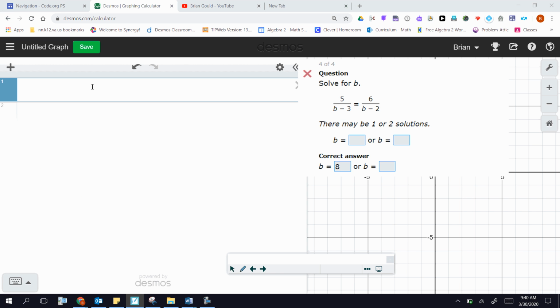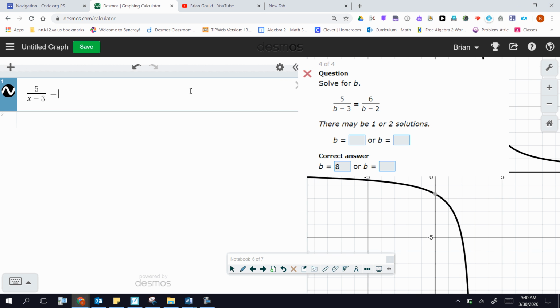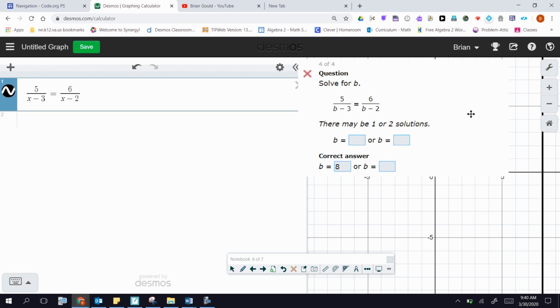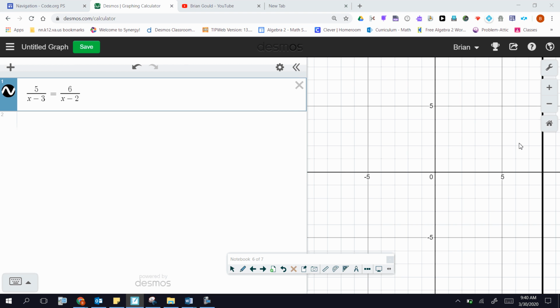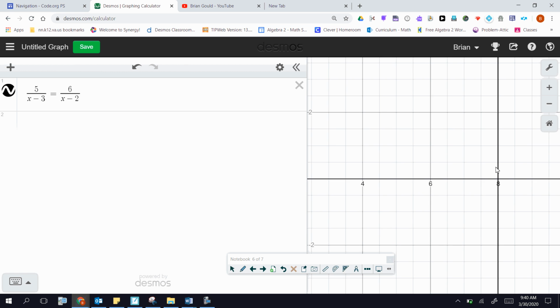All right, so now that we've got that gone, if we just change that b to an x, minus 3 equals 6 over x minus 2. All right, on the graph, it gives us a line. We can zoom in on this thing, see that it's going through 8.